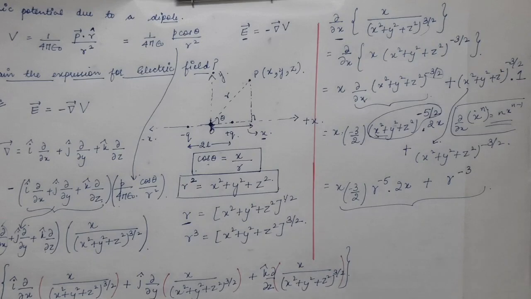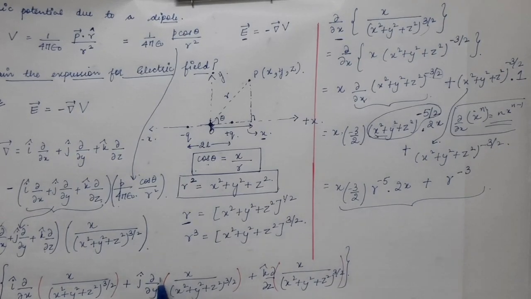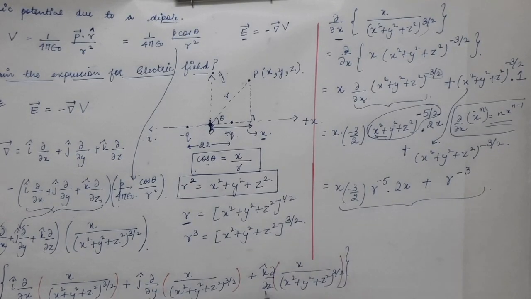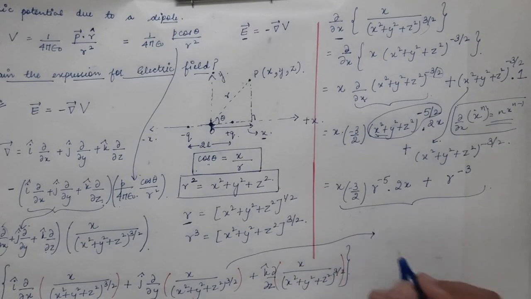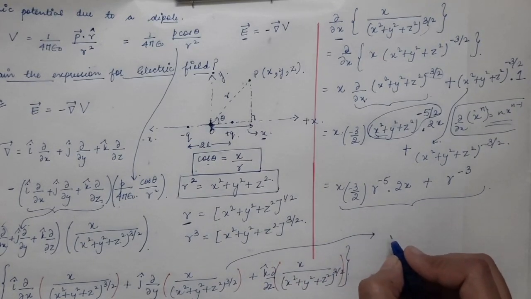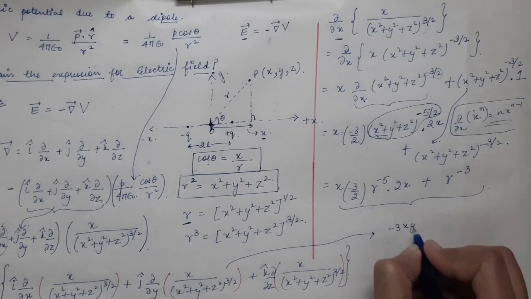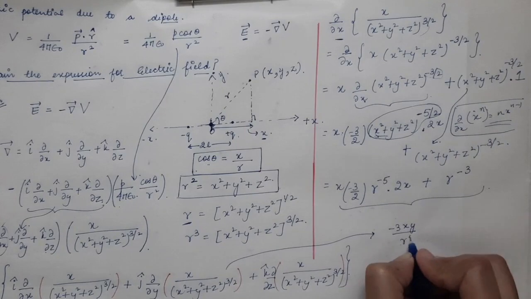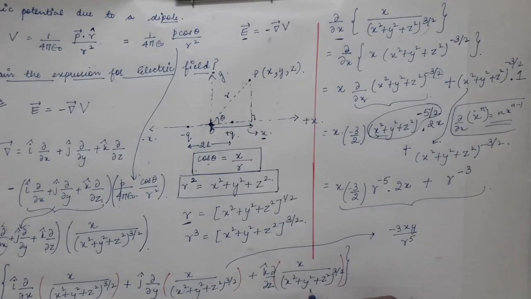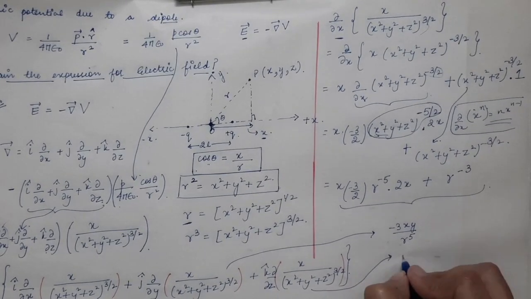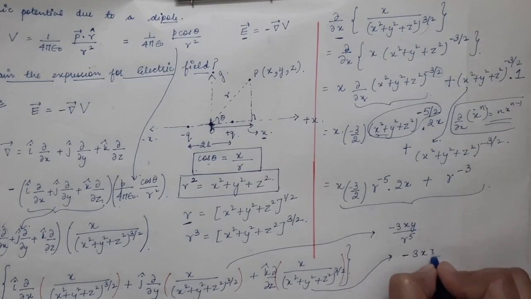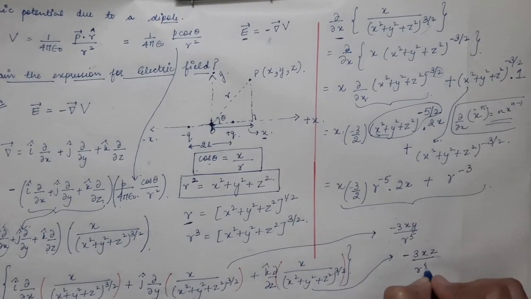Now when you solve the other two terms, that is the partial derivative with respect to y and the partial derivative with respect to z, this term will come out to be equal to minus 3xy divided by r power 5, and this last term will come out to be equal to minus 3xz divided by r power 5.